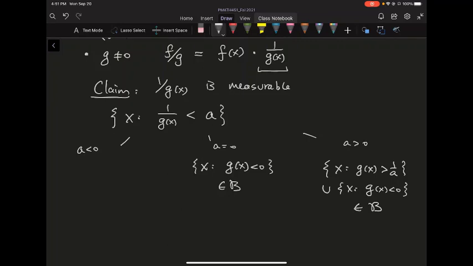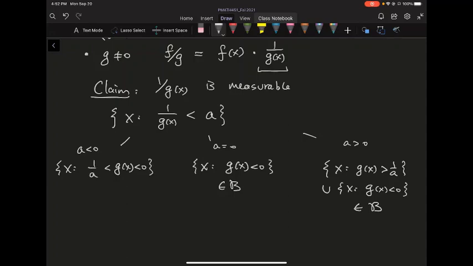The more tricky one is when a is less than 0, then 1 over g is less than a, which is less than 0. So first of all, you know g has to be less than 0. Because it's less than 0, you multiply g on the right, and then you multiply a, which is less than 0, or 1 over a on the left, then the inequality changes sign twice, so it didn't really change, and you end up with something like that.